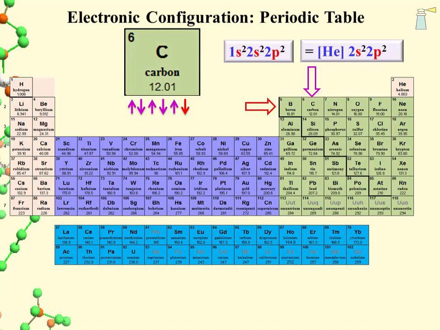Here we go. 2 electrons go into the 1s orbital, 1s2. 2 electrons go into the next lowest energy orbital, the 2s orbital, 2s2. We have 2 more electrons, and they are going to go into the next lowest energy orbital, and that is the 2p, 2p2.